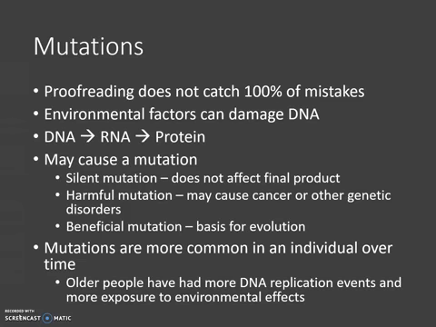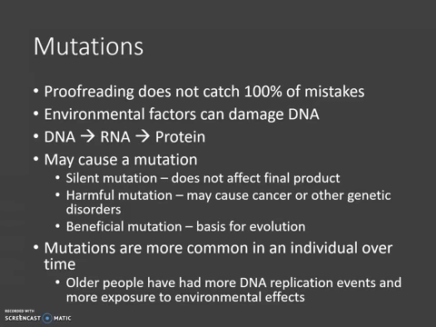So remember that DNA, which contains your genes, ultimately codes for the production of a protein. So if the DNA code is changed, it may change the protein that's made as an end result. And that change can have a couple of different possible effects.